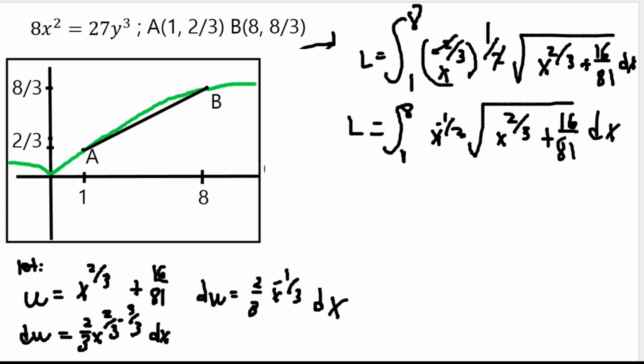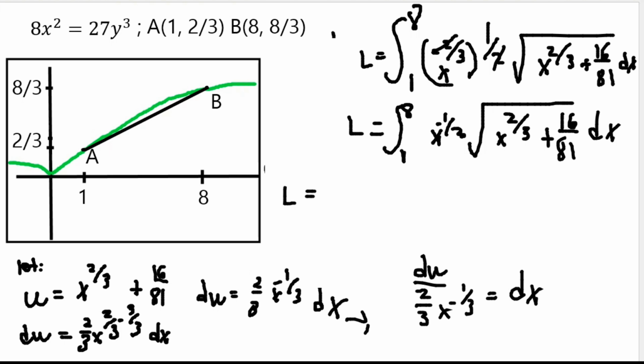So now we're going to change the limits 1 and 8, because we did use u substitution, meaning we're not integrating with respect to dx but with respect to du. So we can just put this on the bottom, dividing both sides. So we got that thing. Now let's plug in some things here.